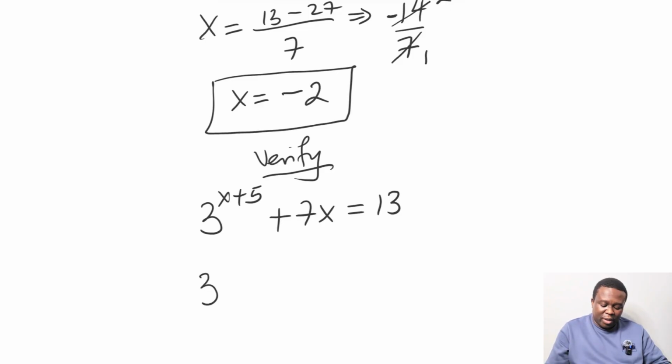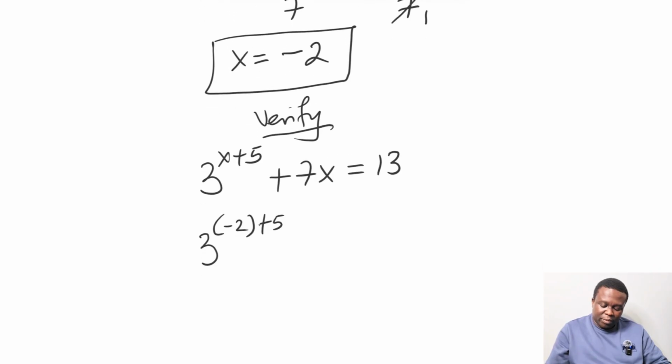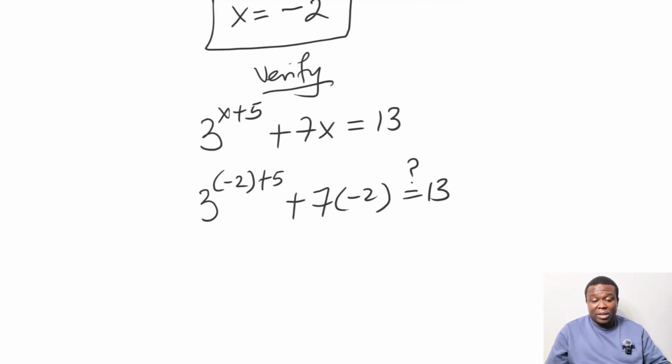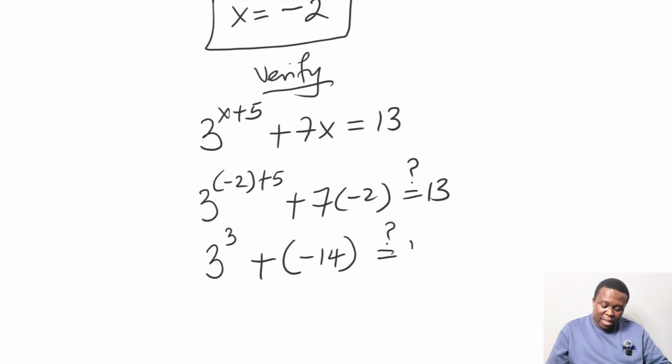So we have 3 raised to the power minus 2 plus 5, plus 7 times minus 2, equals 13. Trying to find out if everything on the left-hand side is equal to 13. So minus 2 plus 5 will give us 3, plus 7 times minus 2 will give us minus 14.